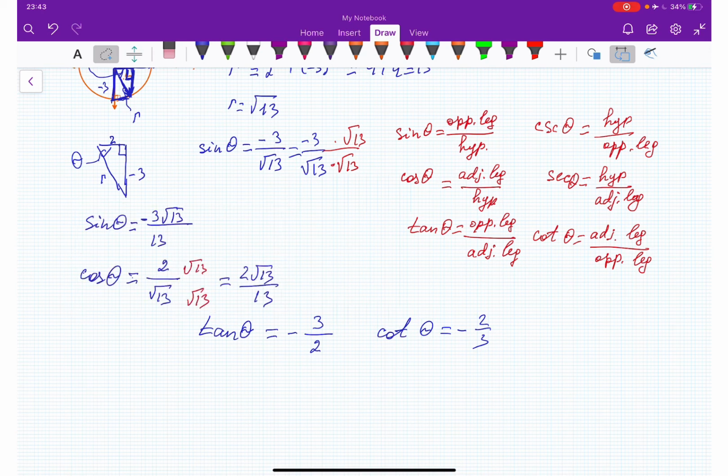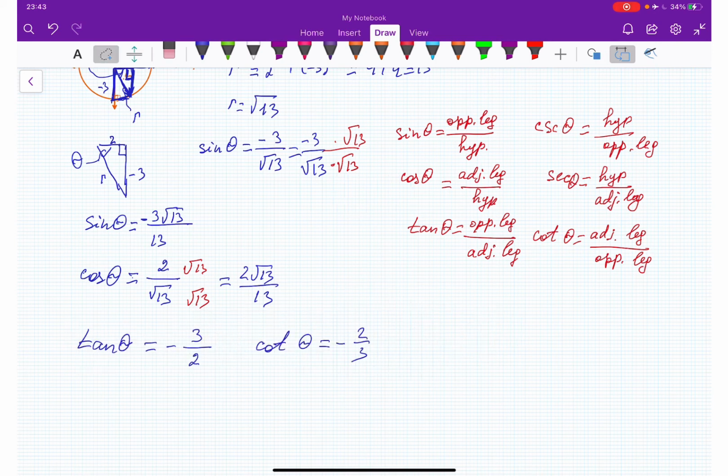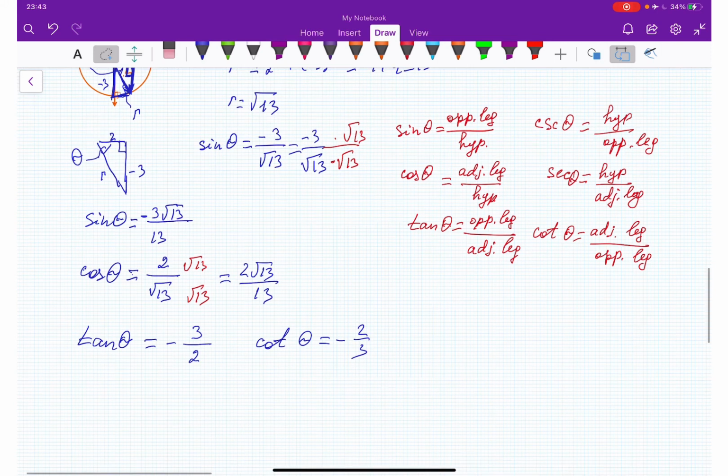Moving here. So why did I move? So I can put secant, cosecant. So if sine theta is equal to -3 square root 13 over 13, then cosecant theta is going to be equal, if I flip, I'm going to get -13 over 3 square root 13.